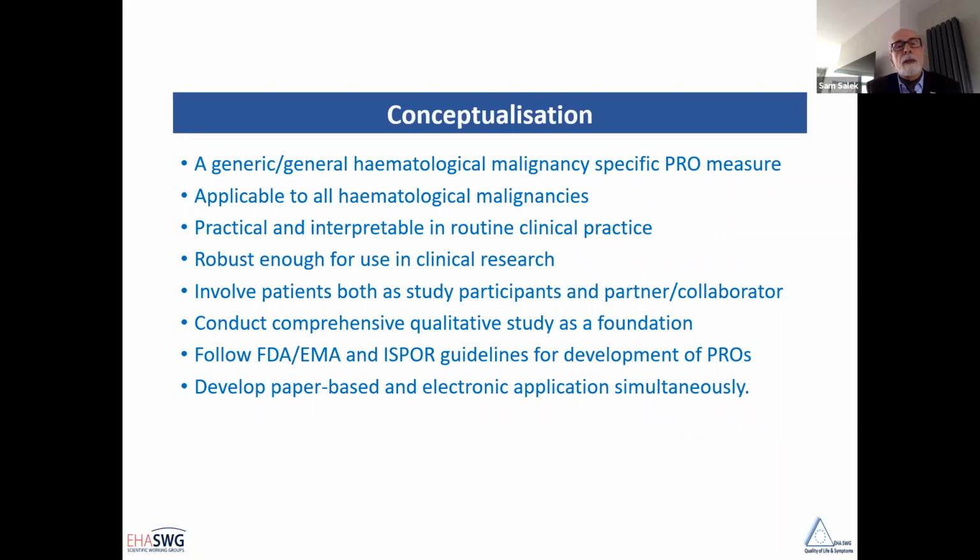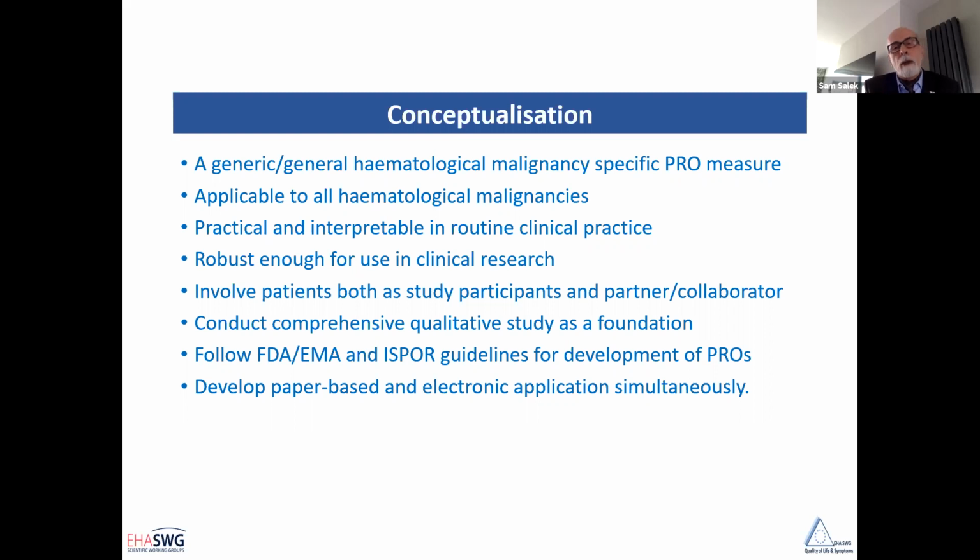We also wanted this to be robust enough to be used in clinical research, in clinical trials of new medicines. But also, having experience of developing measures for the last 36-37 years and having developed many patient-reported outcome measures, I had come to the understanding that to make these more relevant to patients, you have to involve patients not only as participants in the development of the measure, but also as research partners.